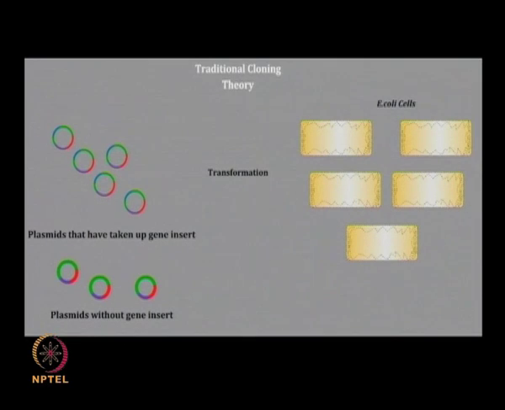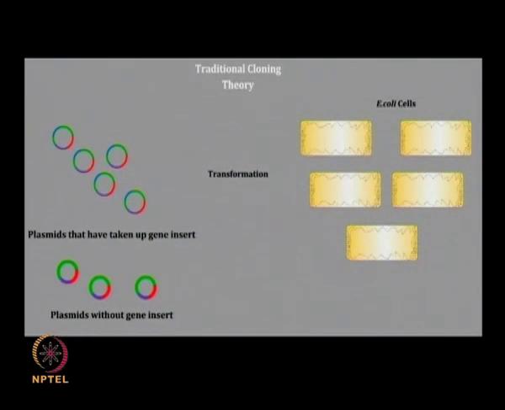The insert is ligated by means of DNA ligase enzymes. The insertion of fragments within an antibiotic resistance gene leads to the inactivation of this gene. After this, the transformation process occurs.